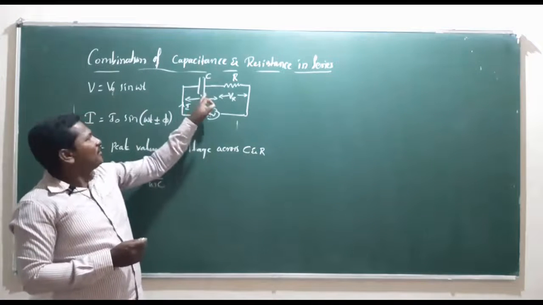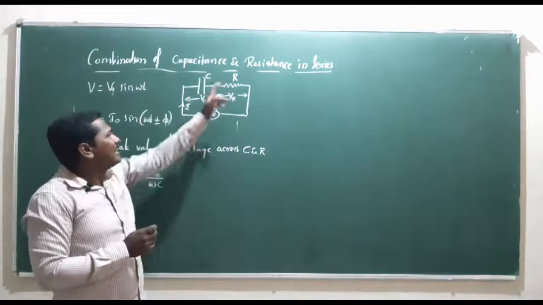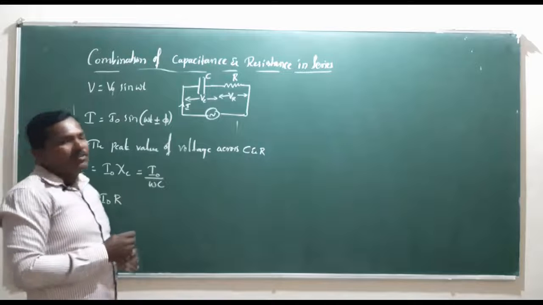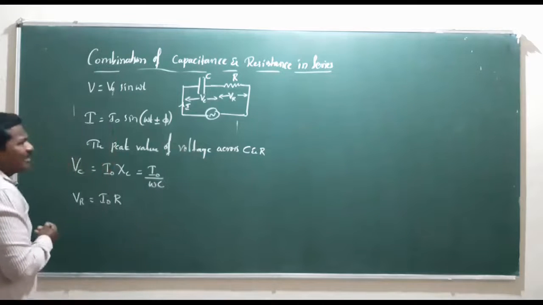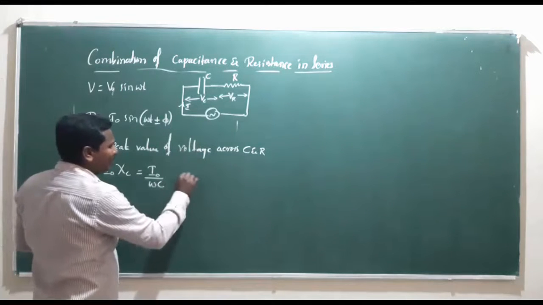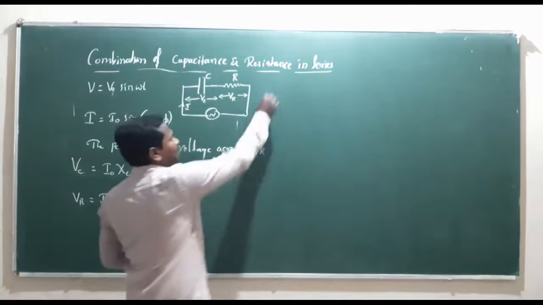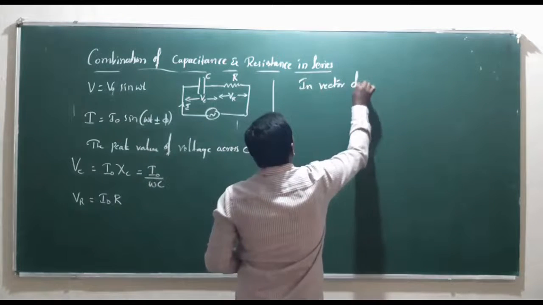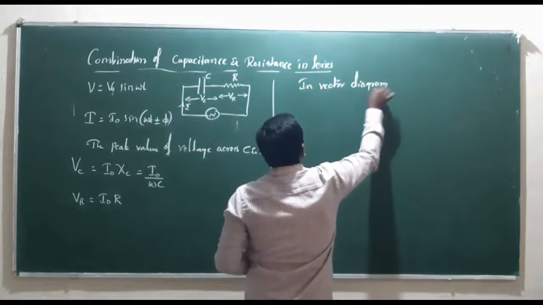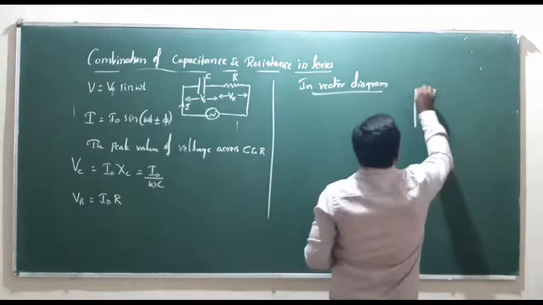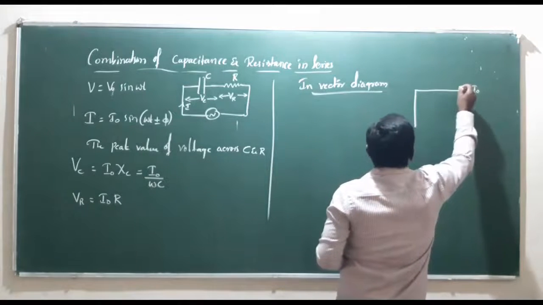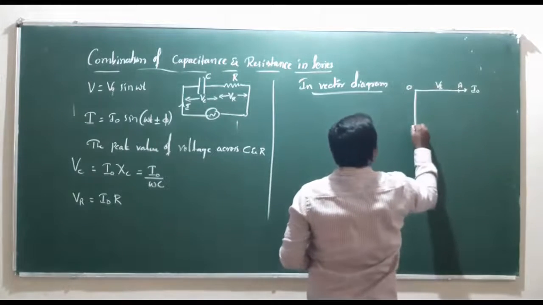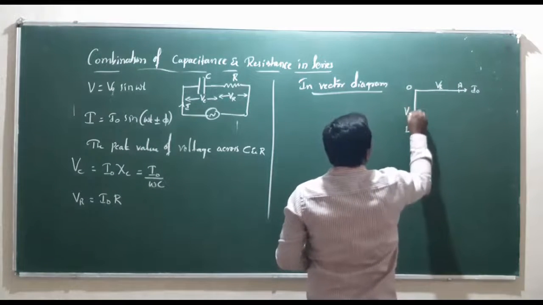Here, in the combination of a capacitor and a resistor, the resistor is in phase with current, but the capacitor is not in phase with current. Based on that, if we observe the vector diagram, let us consider I naught along the x axis, this one is A, VR, and along the y axis, that is B, VC.